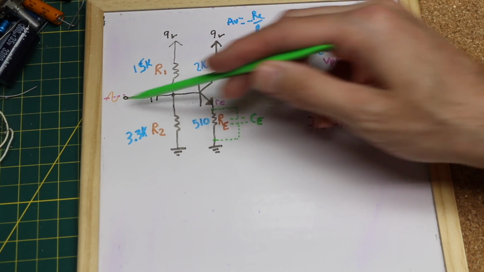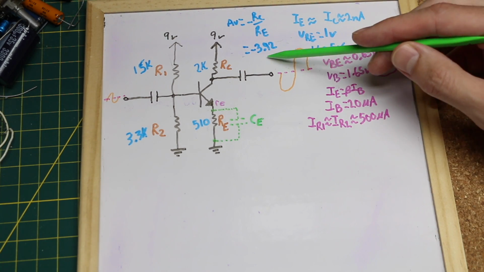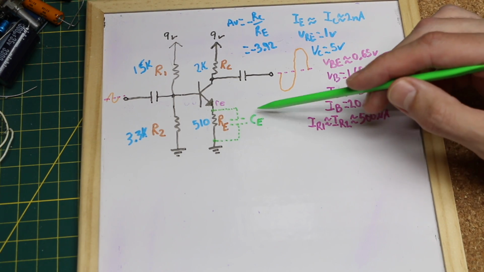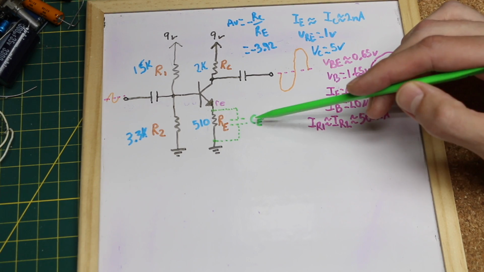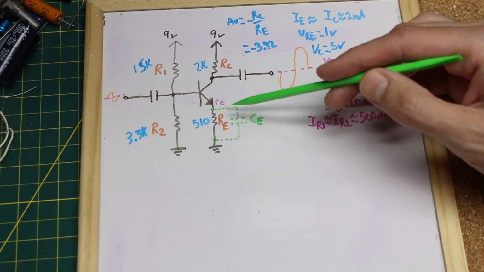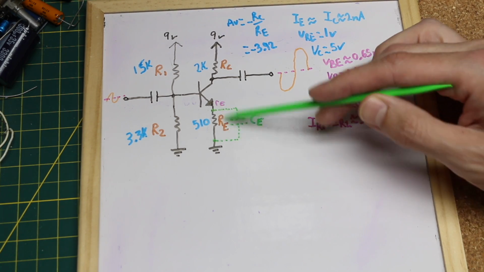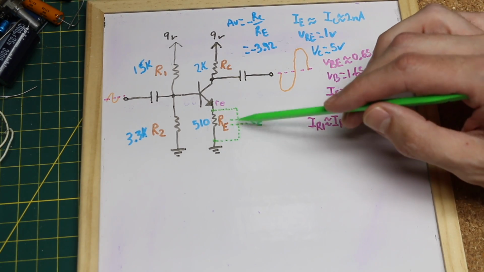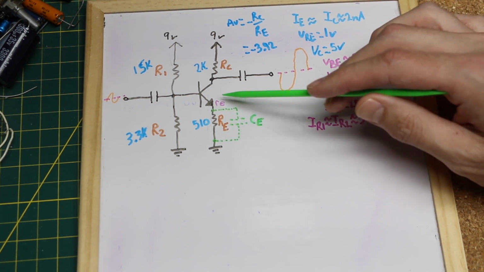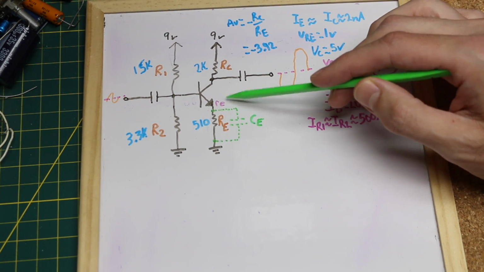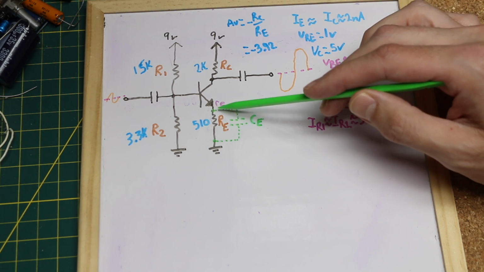Now for AC signals, we can increase the gain beyond this calculated 3.92 by adding this bypass capacitor across the emitter resistor. So for AC signals, this becomes essentially like a short circuit to ground from the emitter, and with the emitter resistance being very small, now we have to factor in an equivalent small emitter resistance, which we're writing as small Re.